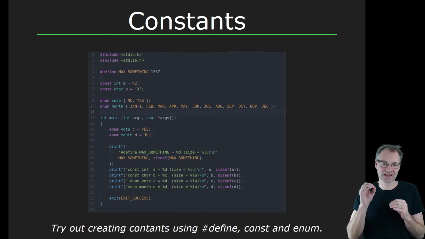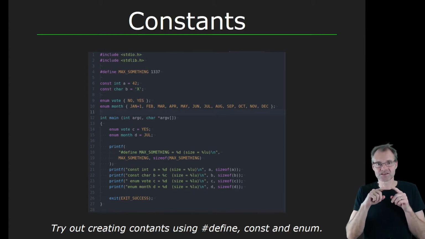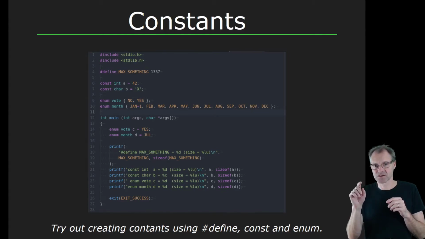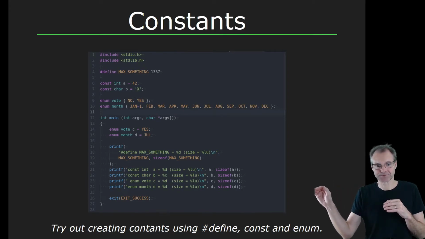Behind the values, if we look at the vote there, no is a 0, yes is a 1. So when I'm having this enumeration type, it always starts with a 0, and then the others get the appropriate value incremented by 1.